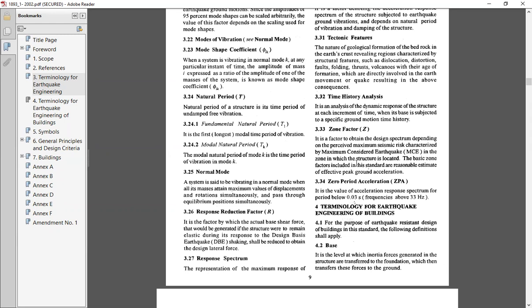As we have seen yesterday, the zoning is done on the map. The different areas have been classified on the basis of the severity of earthquake. The basic zone factors included in this standard are a reasonable estimate of the effective peak ground acceleration. These are nothing but reasonable estimates based on the data.